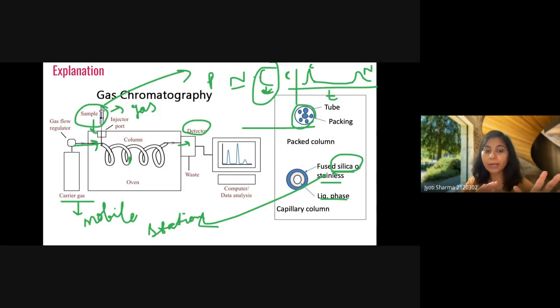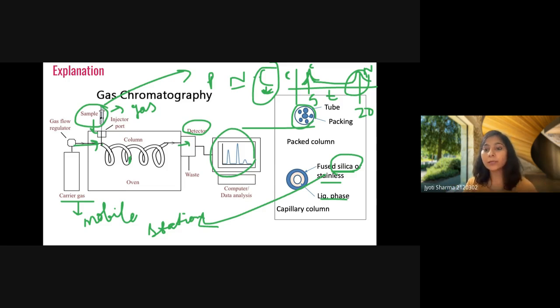Using a computer or data analysis, we can tell which one. If the peak is, let's say, at 5 seconds or at 20 seconds, based on time and the peak we can identify which kind of atom or molecule we may have in the sample.